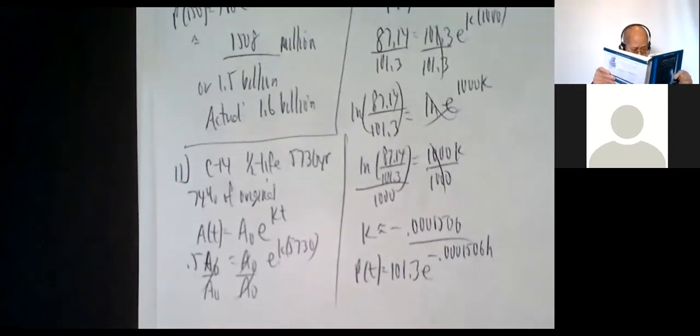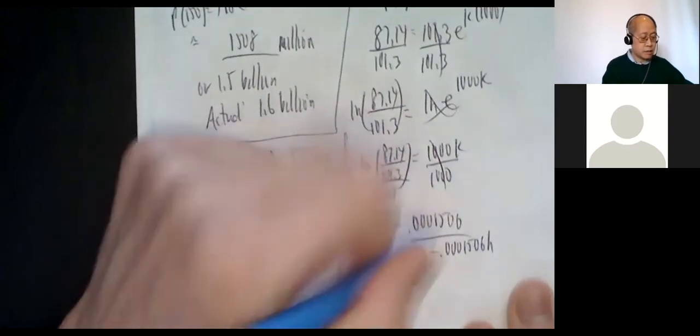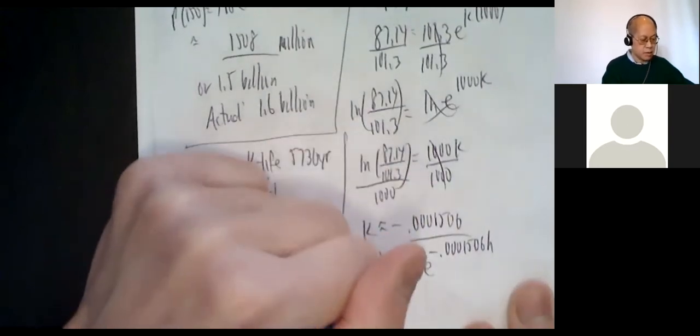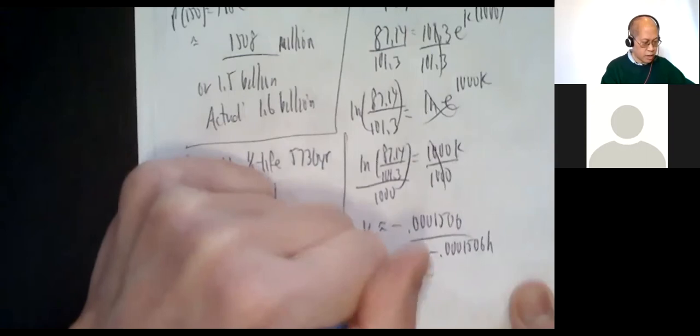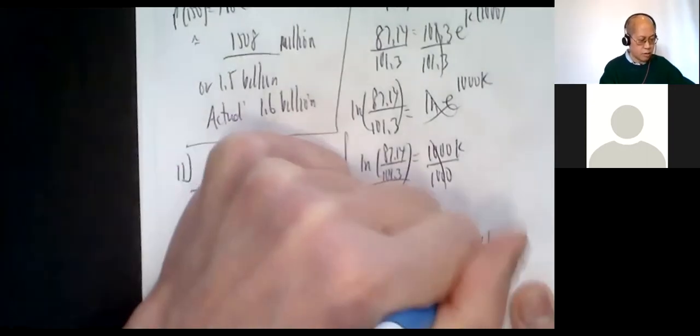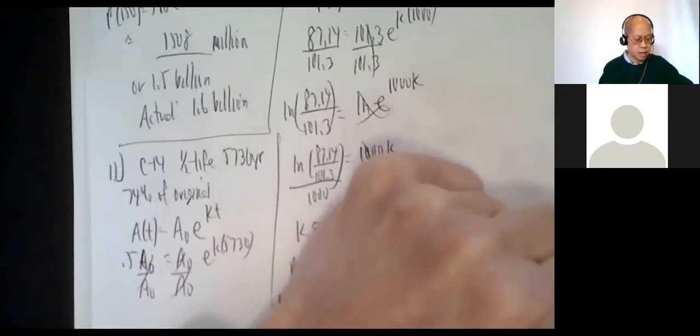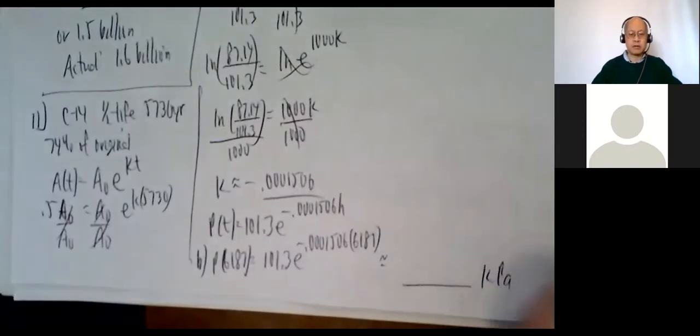Okay, what's the pressure at an altitude of 3,000 meters? Plug in 3,000. Part B, 6187, Mount McKinley. So P of 6187 is 101.3 e to the negative 0.0001506 times 6187, which is approximately so many kilopascals.